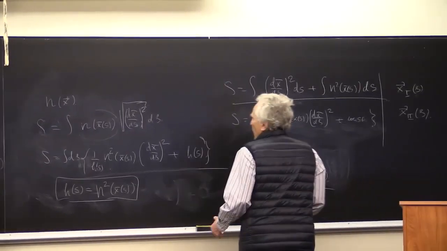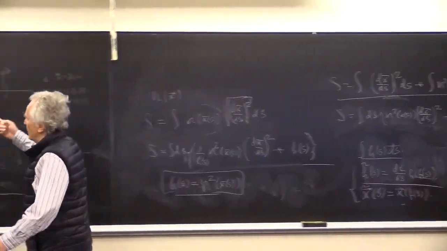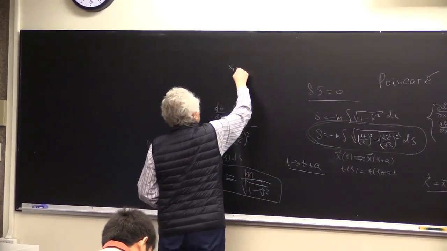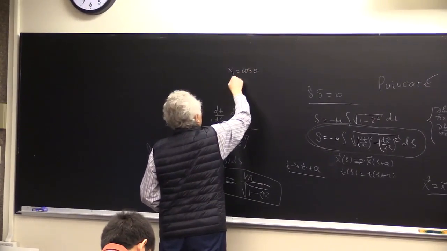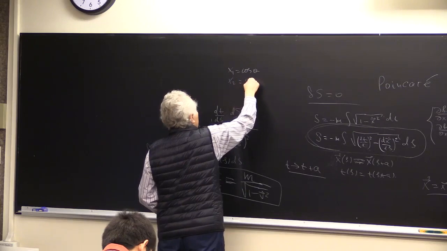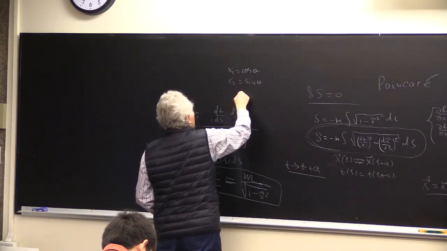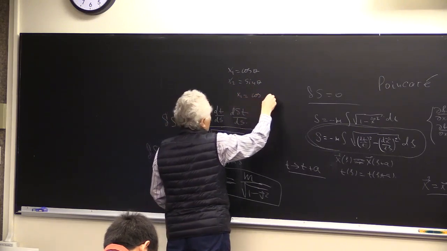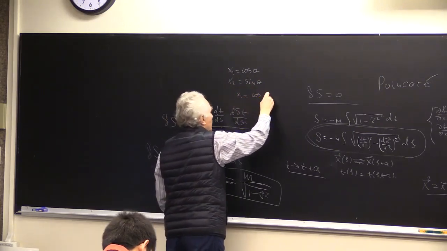It's like I gave you this example in one of the first lectures. When you have a circle, you can write it down as cosine theta, sine theta, but you can also write it down as a totally different function. So, for example, theta square.